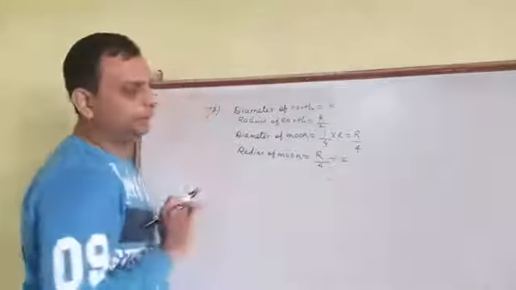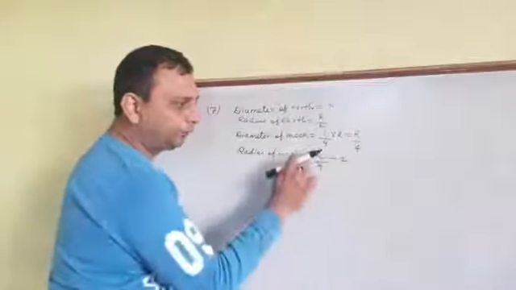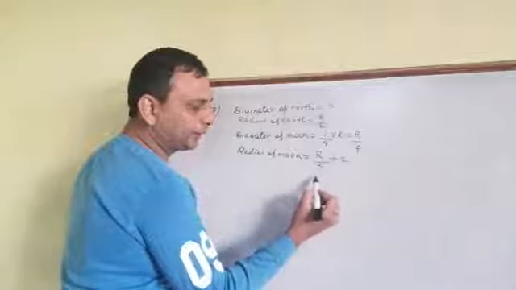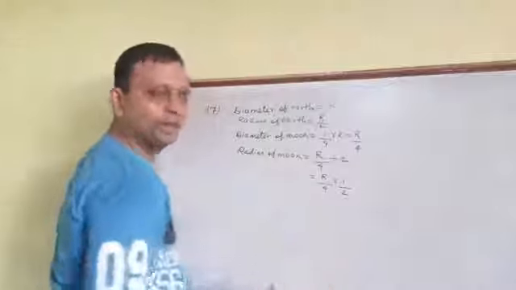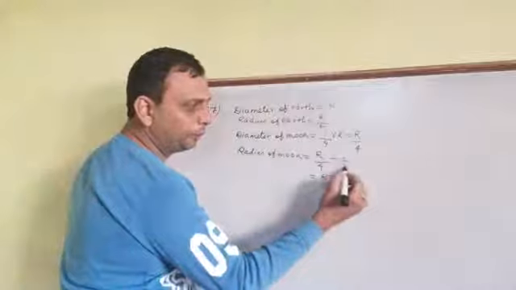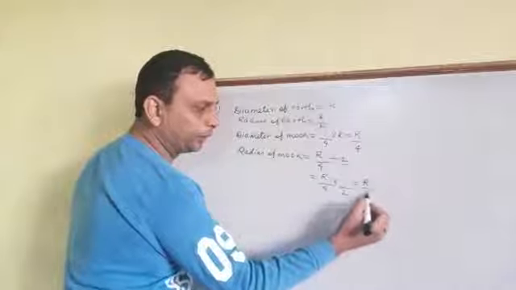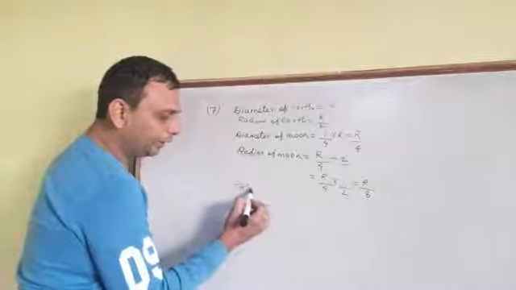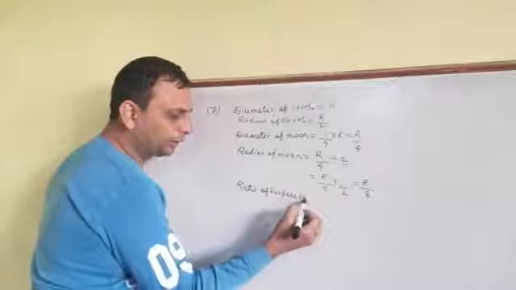The radius is half of the diameter, so I have to divide r/4 by 2, but it is in fraction form. When the divide sign is removed, the multiply sign comes, but one number will be in reciprocal form. So 1 goes up, 2 comes here. What is the answer? r/8 is the radius of the moon. Now we have to find the ratio of the surface area, as both are in the shape of a sphere.